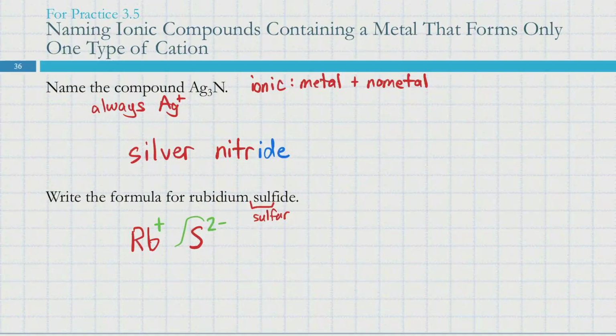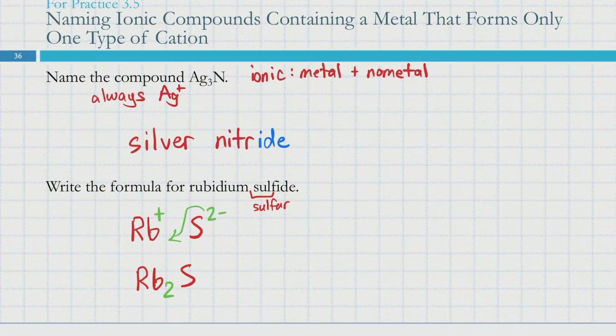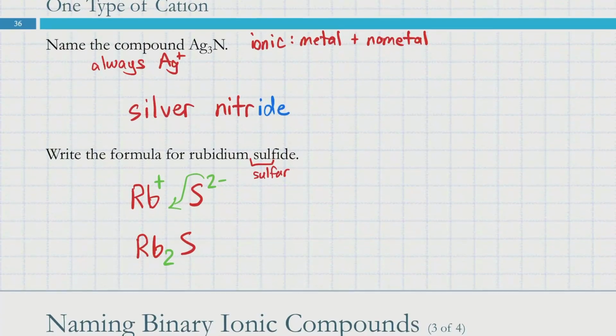We could also crisscross. When we do that, we'll get Rb2S. And that would be our formula for rubidium sulfide. Questions? All right.